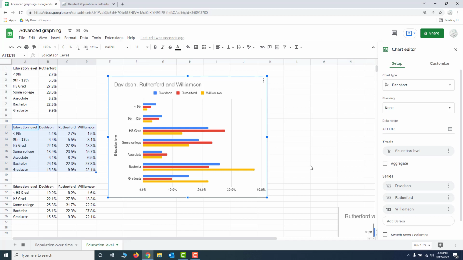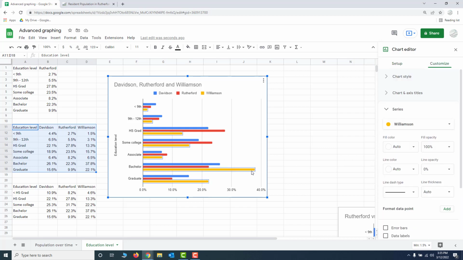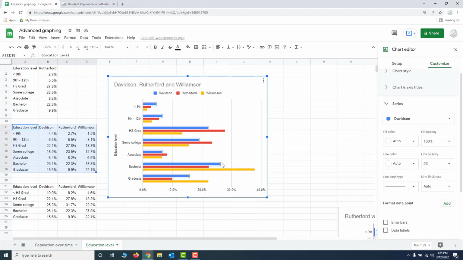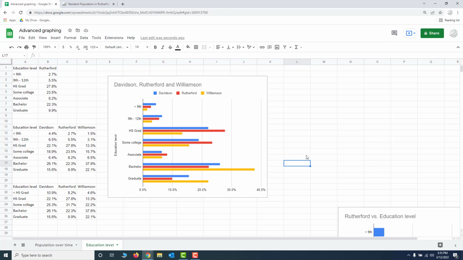To see what the biggest education group is in each county. For Williamson, it's pretty easily this bachelor's category. For Rutherford, I guess it's still that high school grad category. And for Davidson, maybe it's the bachelor category. Yeah, right here, the blue one. But I had to kind of work at that. So maybe there's an easier way.